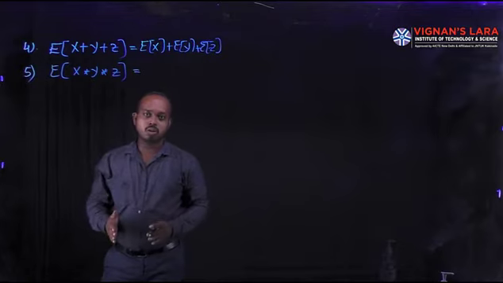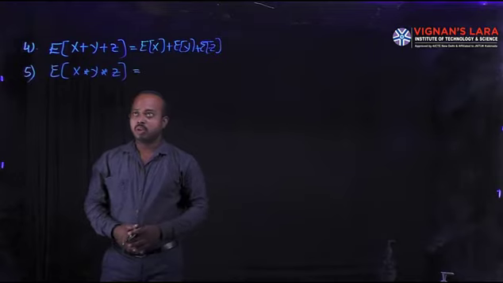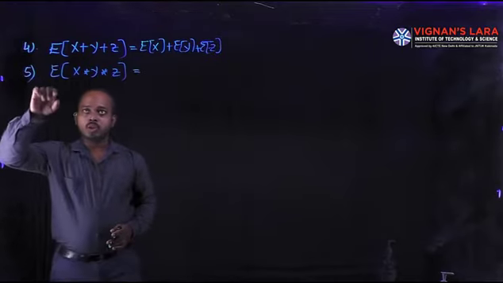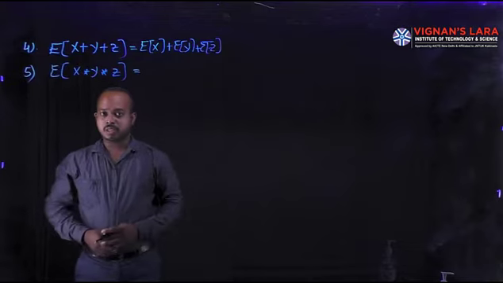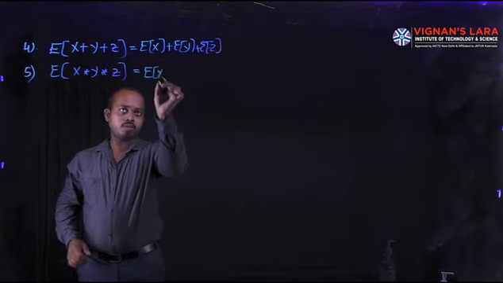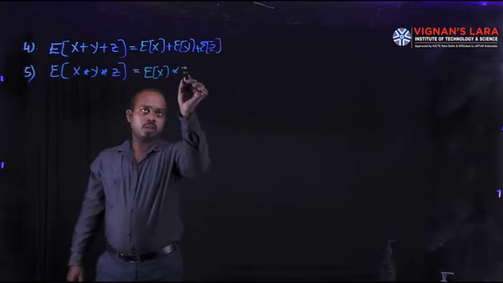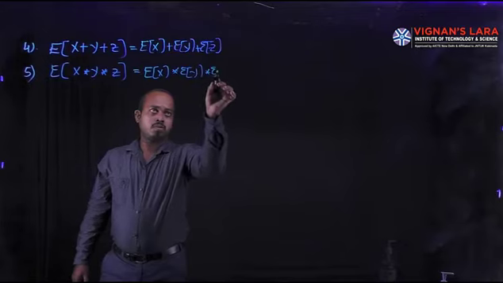Independent means it is not depending on any other random variable. Then only can you write the individual product of each random variable's expectation value. Let's say here I am writing expectation of x into expectation of y into expectation of z.